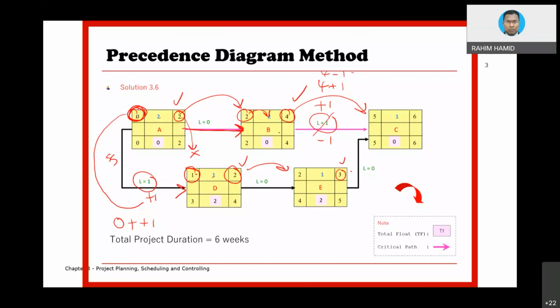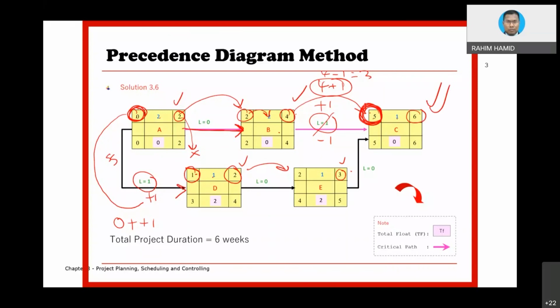You see, everything will be affected. But now, since it is positive 1, 4 plus 1 equivalent to 5. So this is how 5 gets into this place. 5 plus 1 equivalent to 6. So the project will be finished in 6 days.